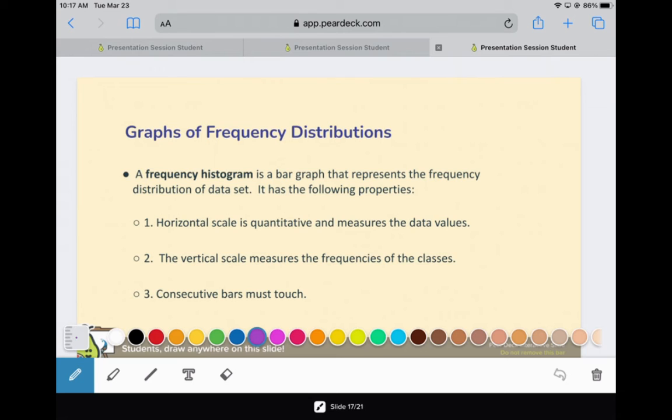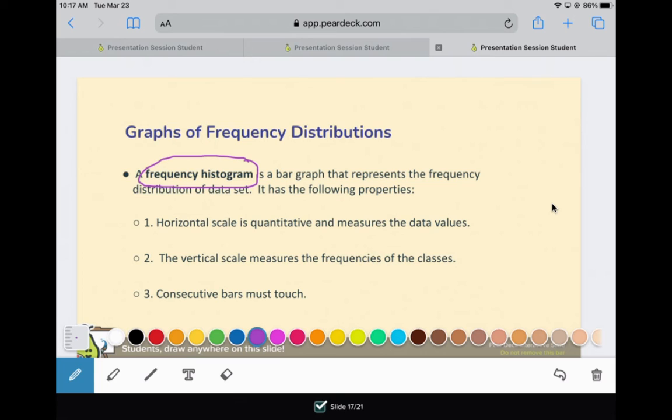Okay. All right, graph, frequency distribution, a frequency histogram. You actually created this earlier when you did that project. Remember the one where you did the survey? I asked you to use Google Slides, and you typed in your table, and then it spit out the bar graph. That is really close to a frequency histogram.